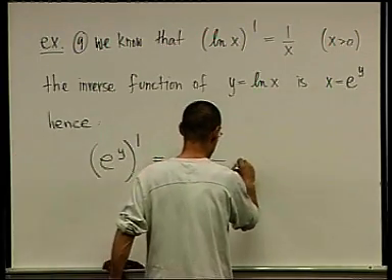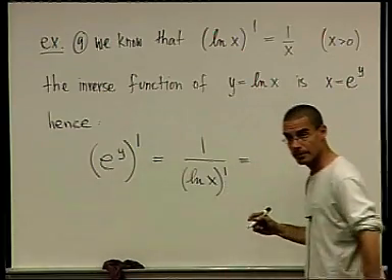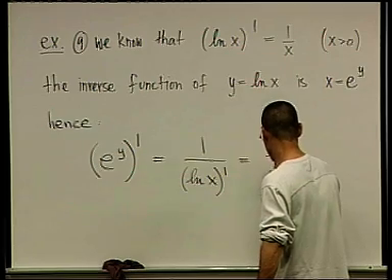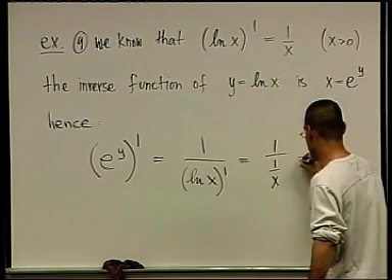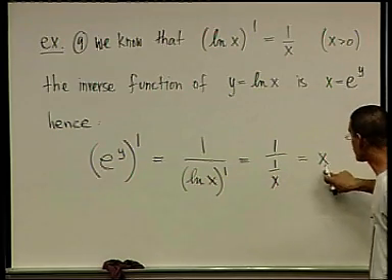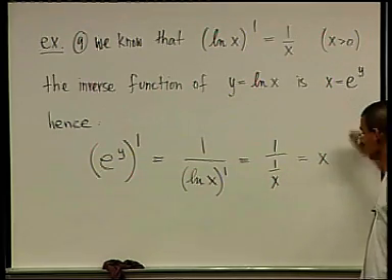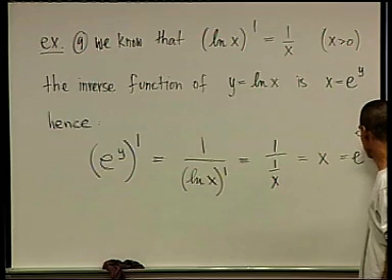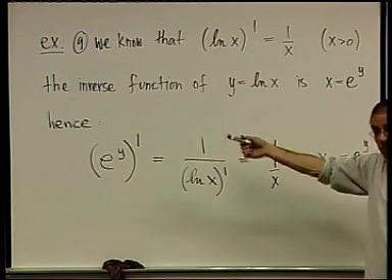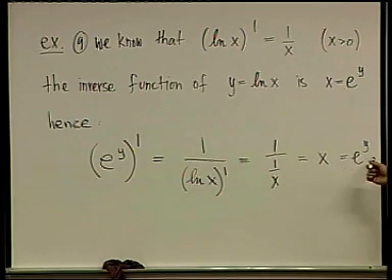So what is ln of x prime? It's 1 over x, so 1 over 1 over x, which is x, right? But remember what x was? e to the y. So the derivative of e to the something is e to the something. I'm guessing you knew that as well, right?